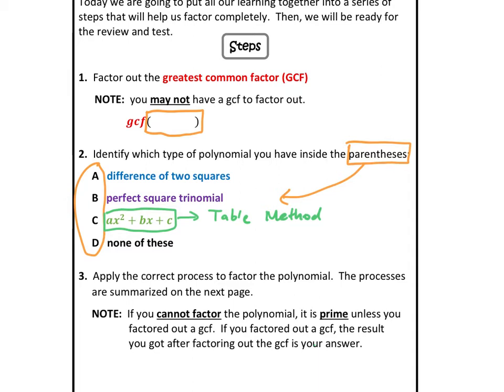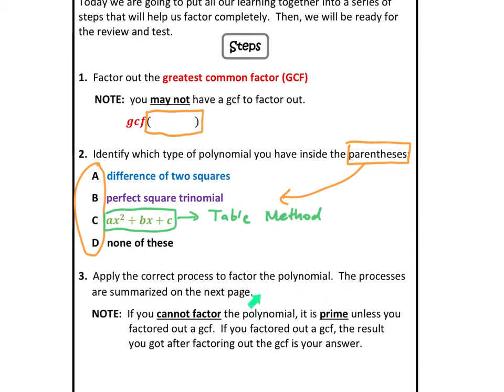All right, and then the last thing I want to talk about is, oh, sorry, I forgot about step 3. Step 3 is just saying, if you do figure out it's one of these methods, apply the correct process that we've learned.